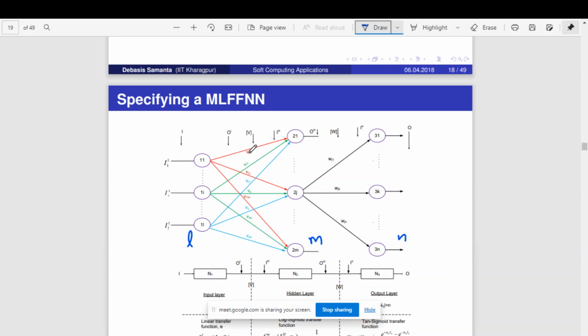Every neuron of the input layer will be connected with every neuron in the hidden layer. Here we have various weights.